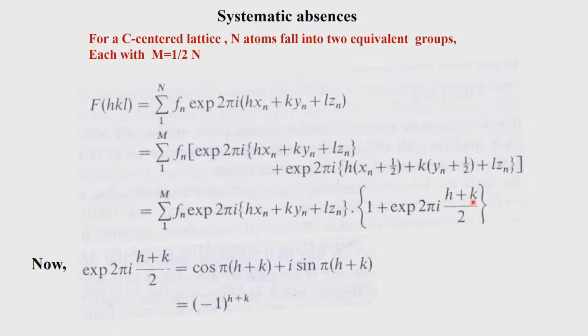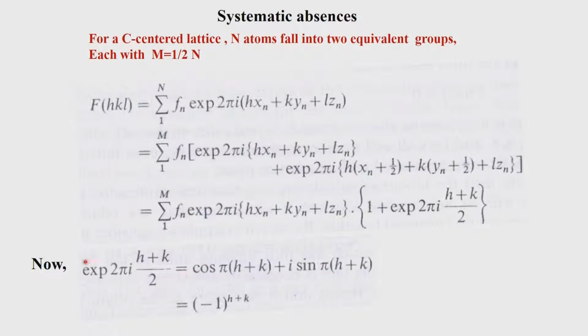Notice that h and k are integers, and therefore this is a mathematical quantity which can be evaluated. Exponential 2 pi i (h plus k) by 2 we can evaluate mathematically, and that is given here. We can expand this as cosine pi (h plus k) plus i sine pi (h plus k).